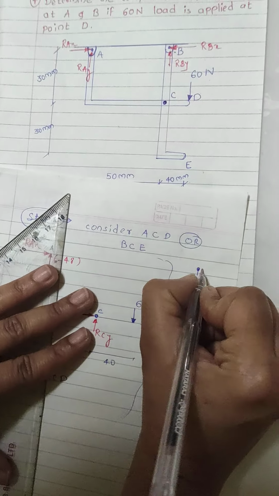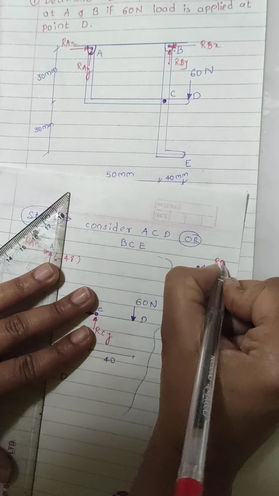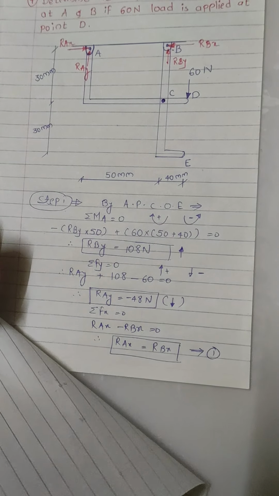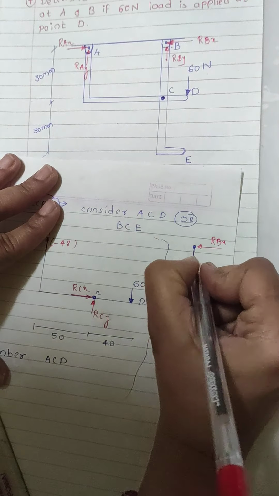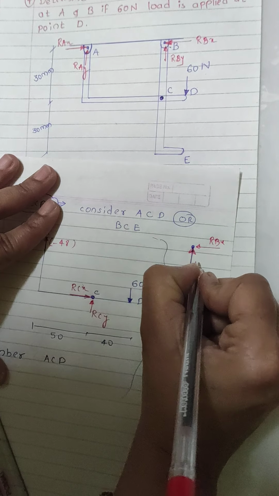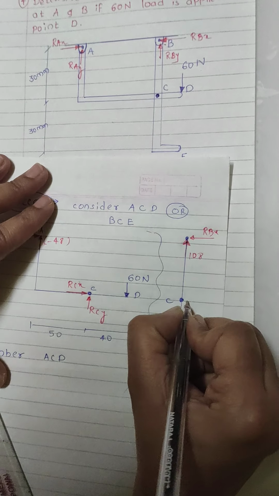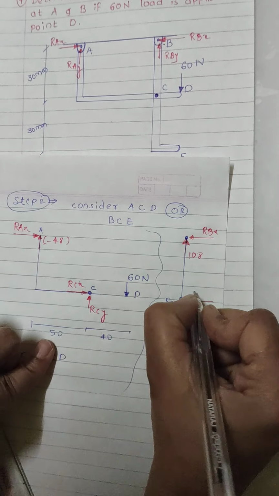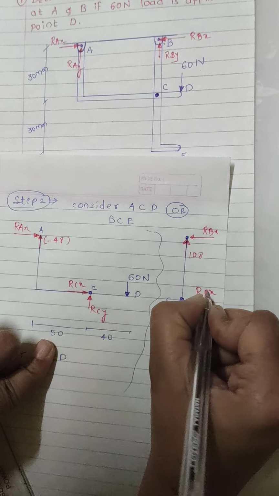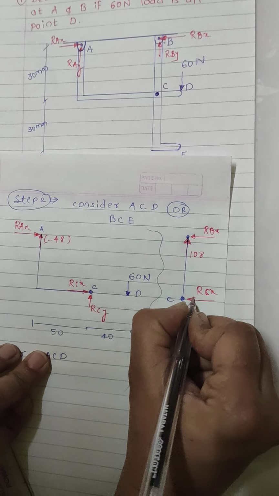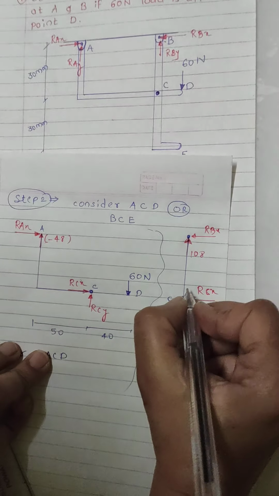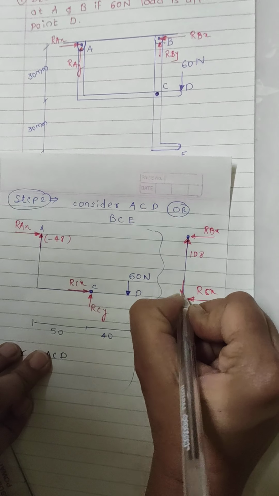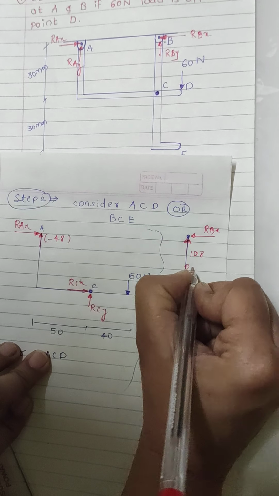At B, RBX is unknown and the value of RBY is plus 108. This is at C. I assumed it is acting rightward, so now I am considering it is acting leftward. And for Y direction, I assumed it is acting upward, now it is acting downward.